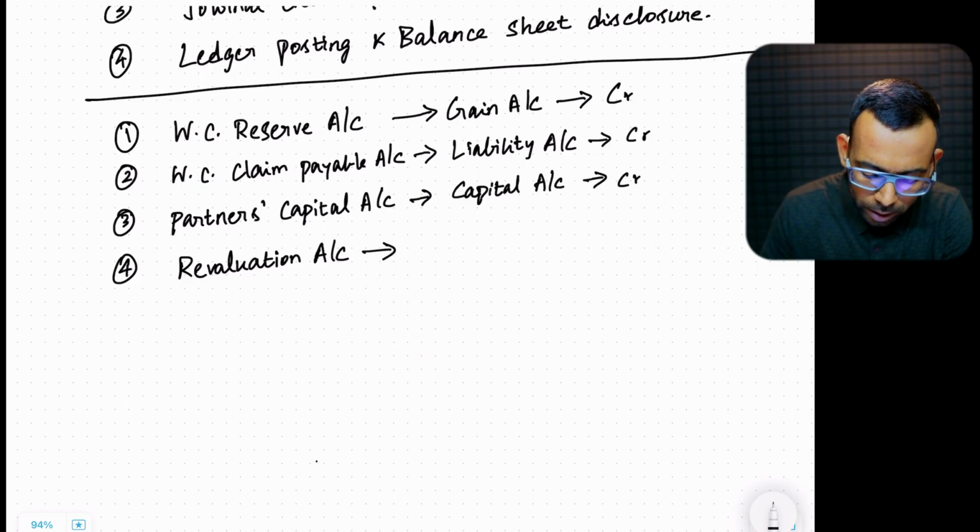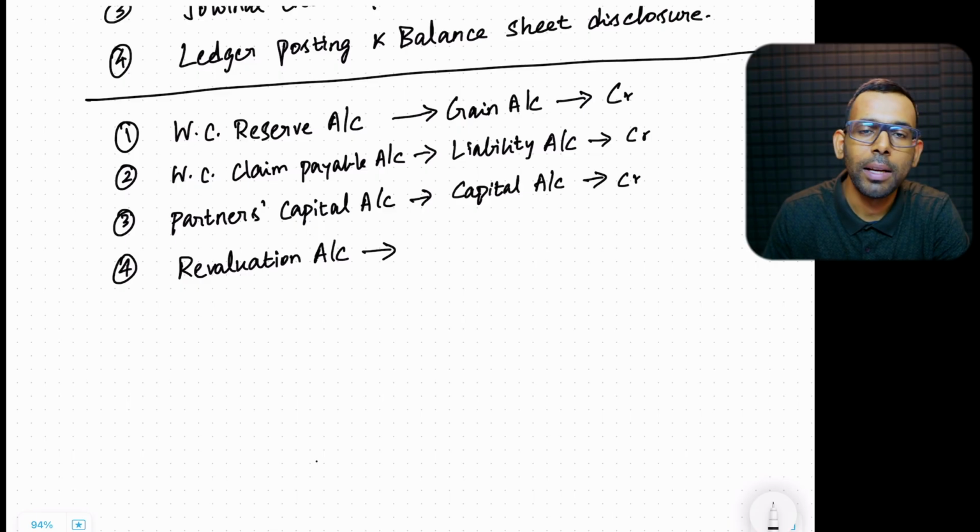Finally, revaluation account is nothing but a substitution of the P&L account. P&L account can be debit side, can be credit side. It depends ultimately on what items are getting posted in that account.